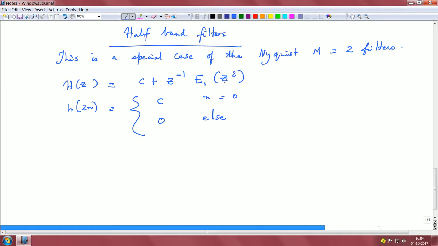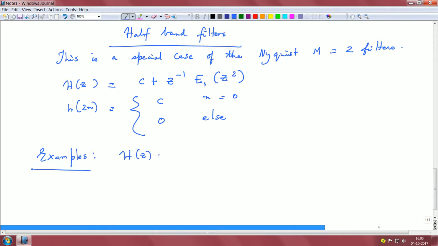You have z square, z power 4, z power 6 or z power minus 2, z power minus 4 if you want to bring in other negative powers, and therefore, this is going to be odd because you have a one delay component outside. So, basically the even component is basically when n equals 0 it is c, 0 otherwise. It is a special case of the general Nyquist M filter. There are plenty of examples for such filters and let us go through some of them.